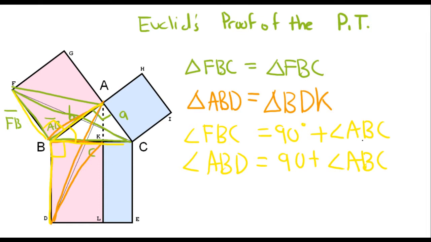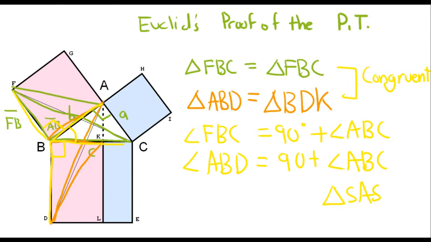And because of this, using the SAS congruency theorem, we can know that all of these triangles are congruent. This triangle here, this triangle here, this triangle here, and this triangle here are all congruent.